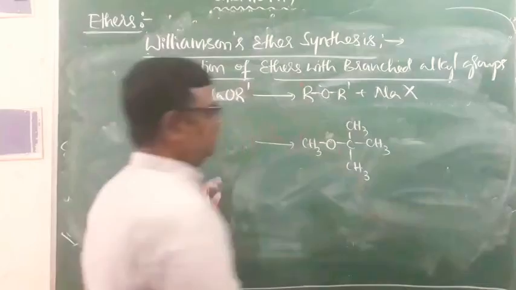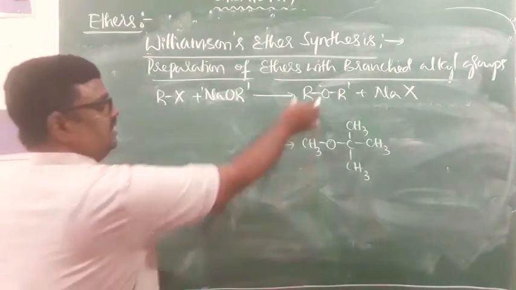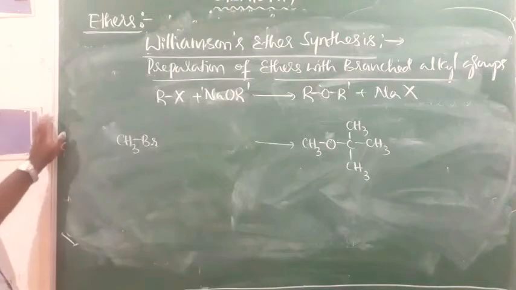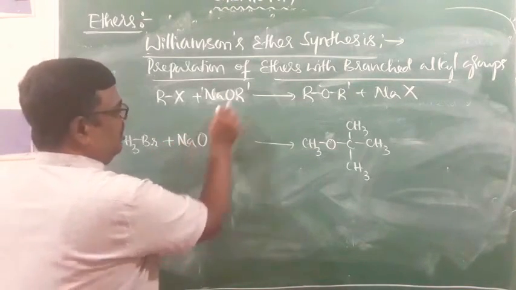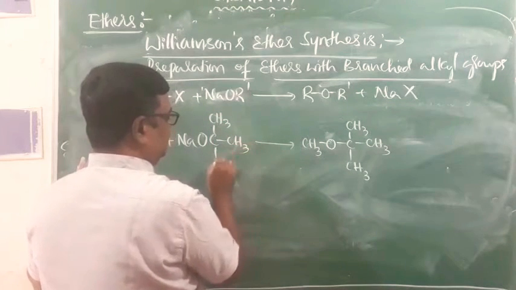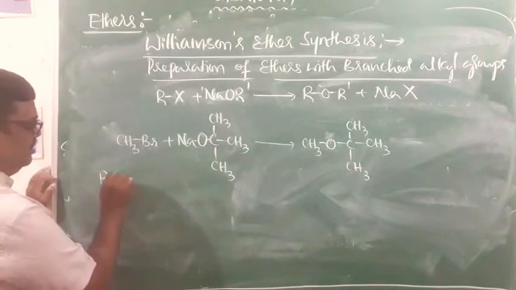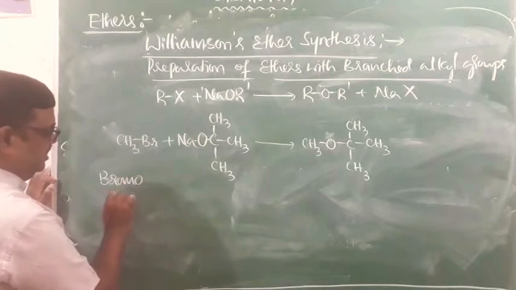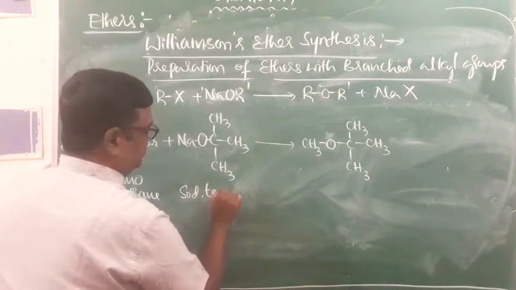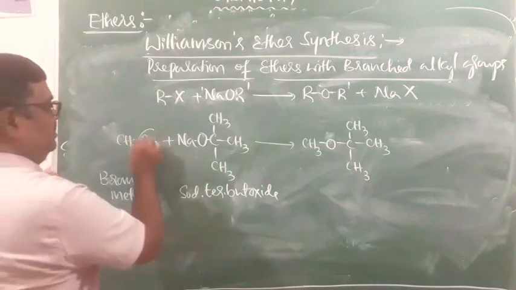Please observe what I write. So R is equal to CH3, CH3Br, bromomethane, plus NaOC(CH3)3, sodium tertiary butoxide, and of course NaBr is formed.